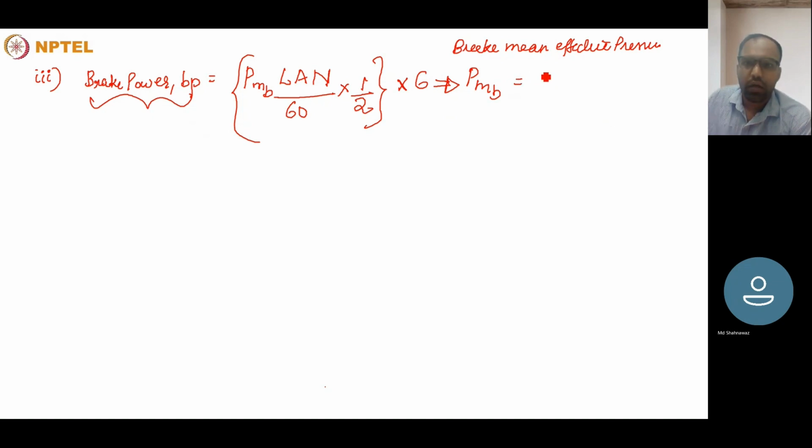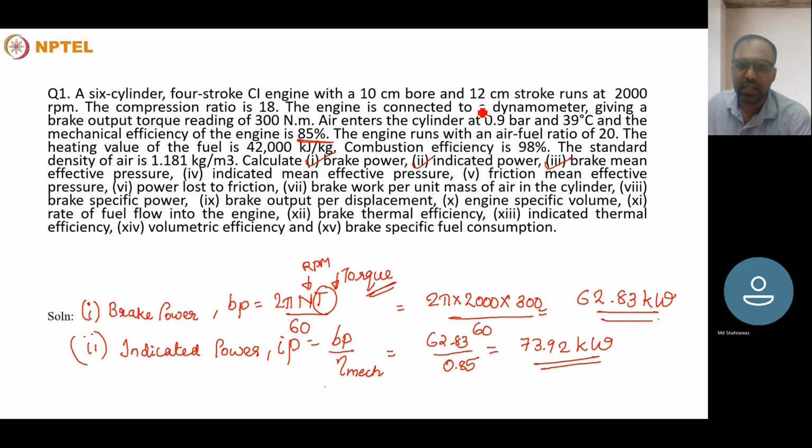This is equal to 120 into BP divided by L A N into 6. So it will be 120 into brake power. We have already calculated it to be 62.83 kilowatt, divided by length. In this given problem, length is given as 12 centimeter, that is 0.12 meters.